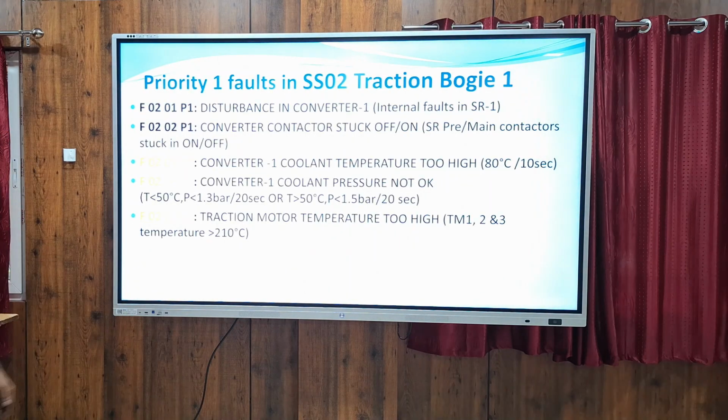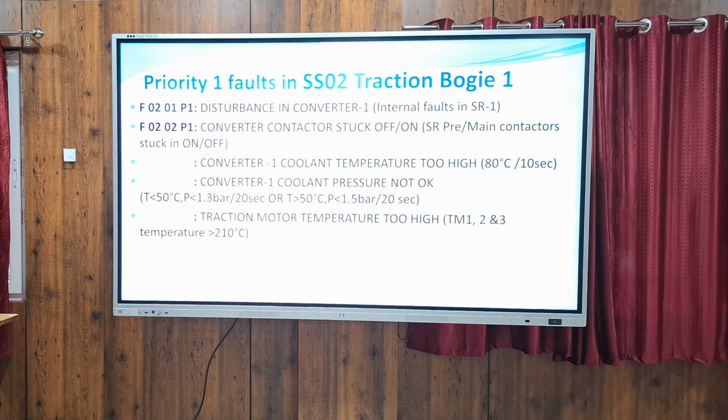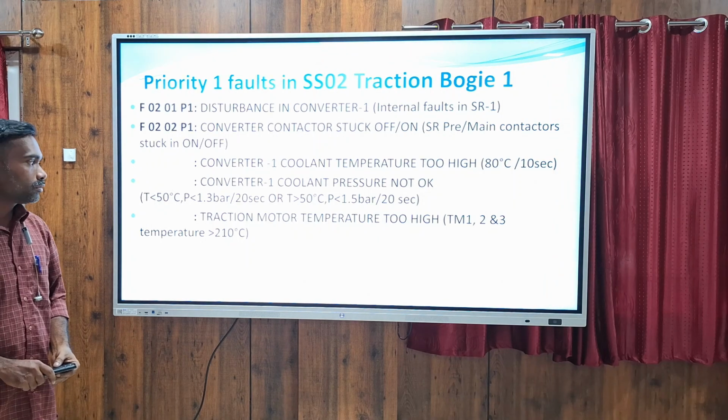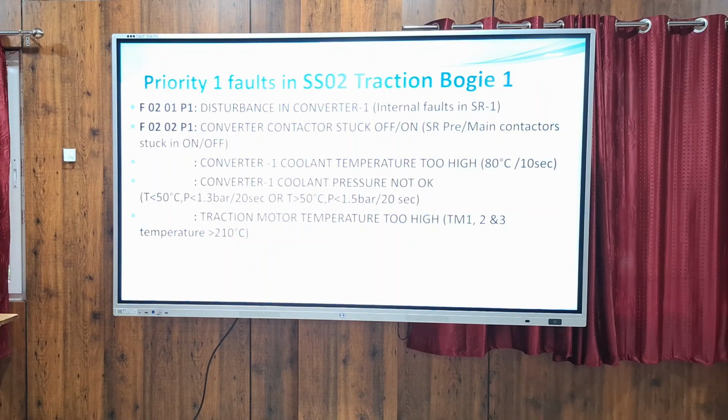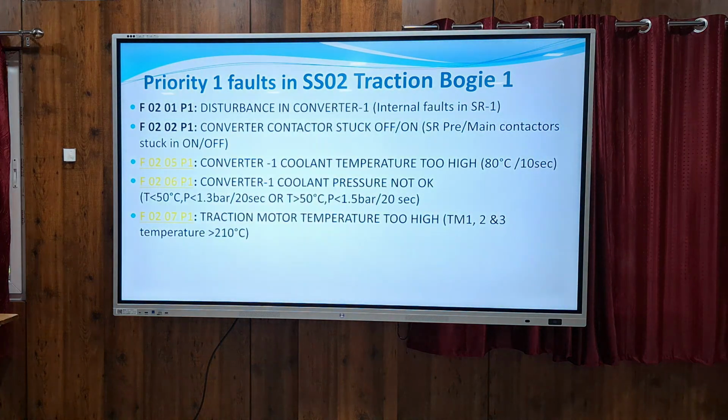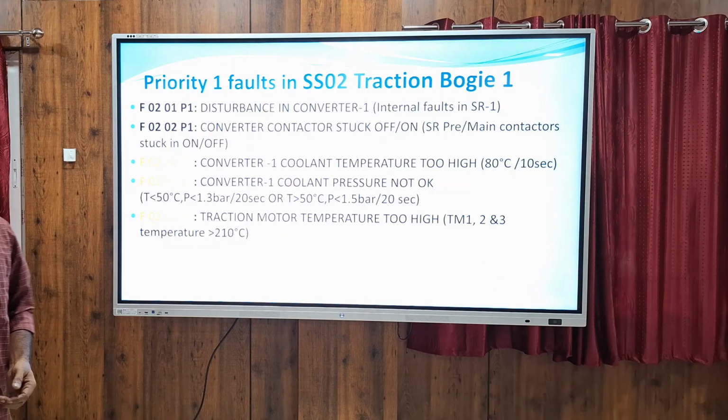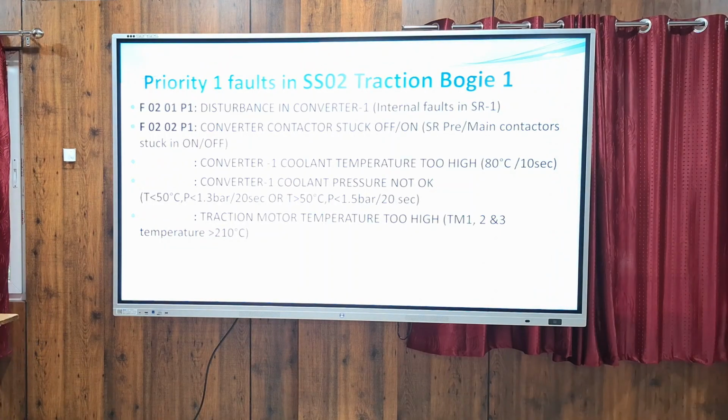Next fault is 0 to 07 P1. The traction motor temperature. For measuring temperature of the traction motor, we have two elements in each traction motor. If it is more than 210 degrees, then tractive effort will get reduced from 100 to 0.